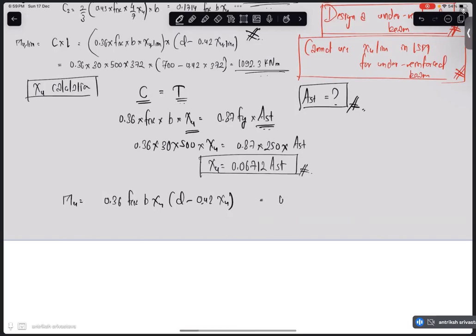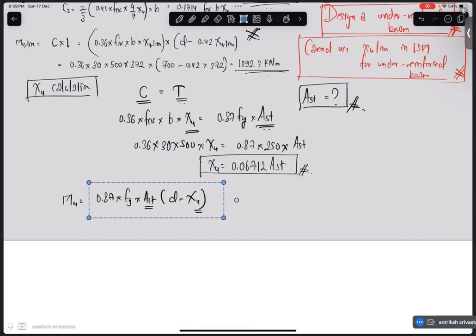Or we can equate this to 0.87 into Fy into AST into D minus XU. In both cases, we are going to form a quadratic expression. So we cannot avoid getting a quadratic expression. So let's use the steel expression itself.